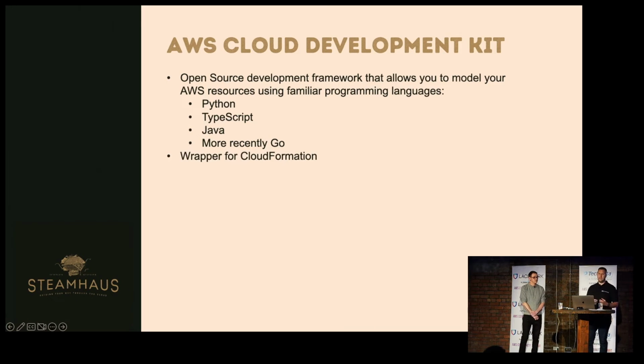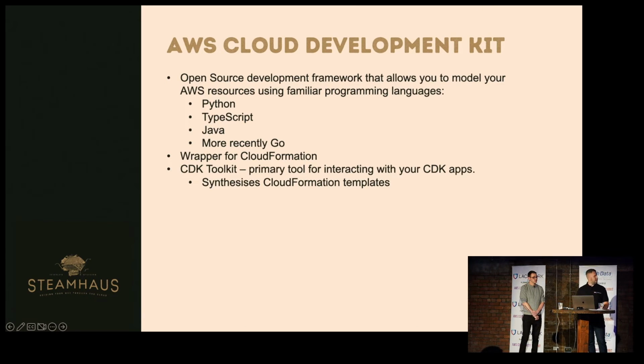The AWS toolkit CLI essentially synthesizes our CDK applications into CloudFormation templates, and then it can manage the deployment of those templates into our stacks in our accounts. However, you could just as easily take those templates away and wrap them into your existing CI/CD tooling if that is a more preferred approach.